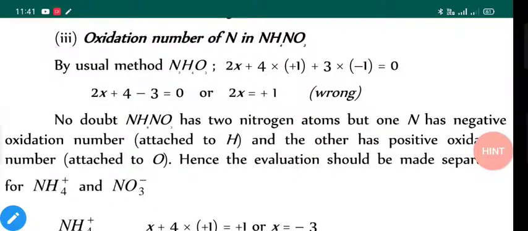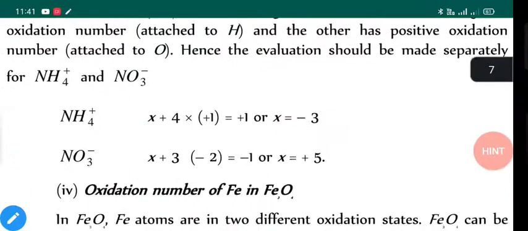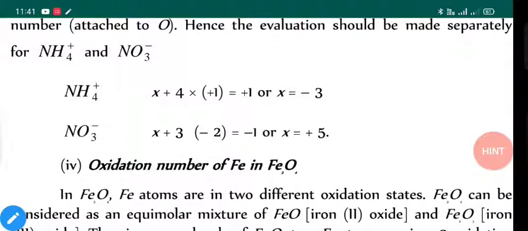Now out of the two nitrogens, one nitrogen is in positive oxidation state, one is in negative oxidation state. Why? Because we have an ionic compound here and it is made up from NH4 plus and NO3 minus. And that's why we have to calculate separately. In NH4 plus we have 4 hydrogens, so they will give us plus 4 charge. We have total plus 1 charge. As mentioned here, NH4 is a positive ion, so nitrogen should be in minus 3 oxidation state.